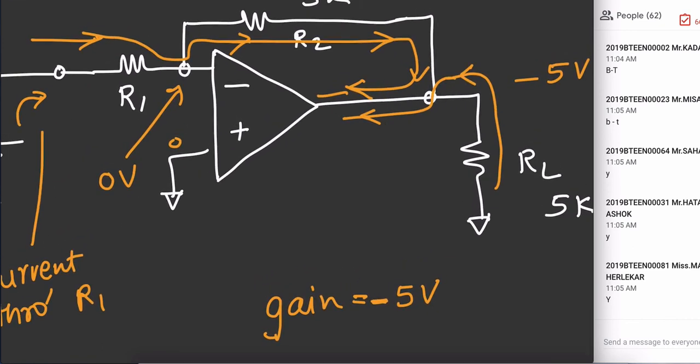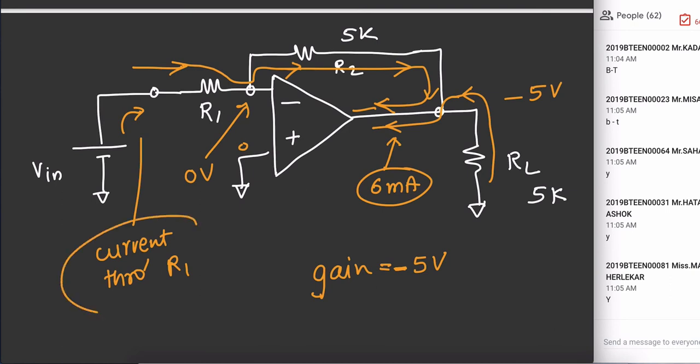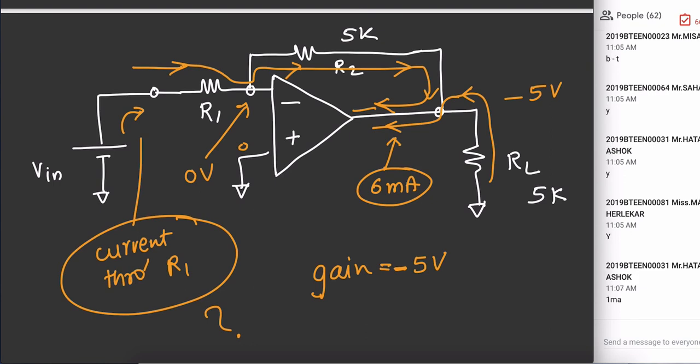Okay. Now suppose this value is given, this is 6 milliampere, it is given like this, and you are asked current through R1, then how will you find it? How much will it be? 1 milliampere.